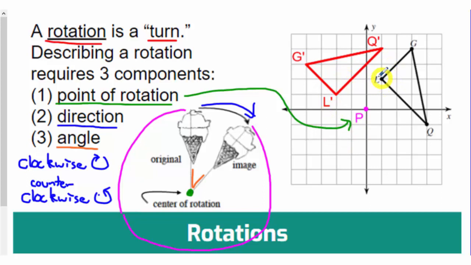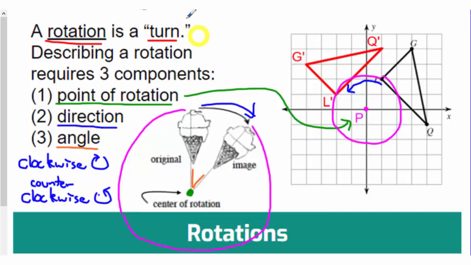So let's say we're moving point L to L prime, and we know that there's going to be a circle that it's spinning around our center point. And if you look closely enough, you might see that point L does in fact move around that particular circle. And we could say that it's moving in a counterclockwise direction because it's going opposite direction of a clock.